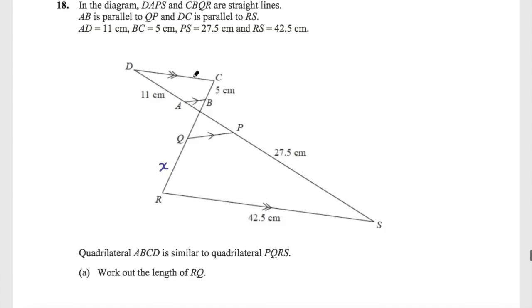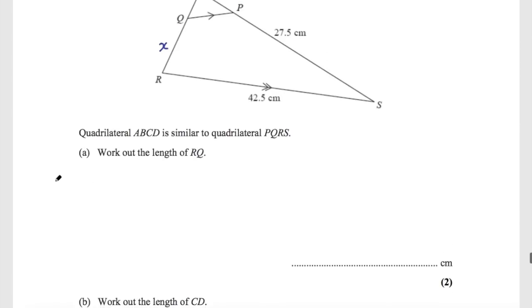And on this quadrilateral, CB is the shorter side, and DA is the longer side. And in this quadrilateral, PS is the longer side, so QR must be the shorter side, because these lines are parallel. Okay, so we know that PS is similar to DA.